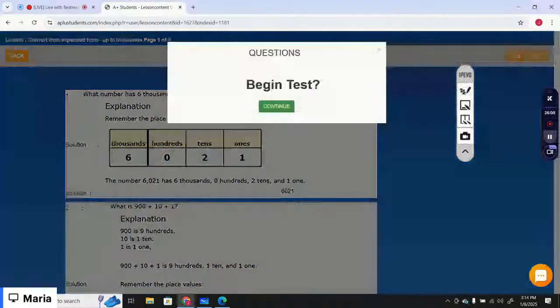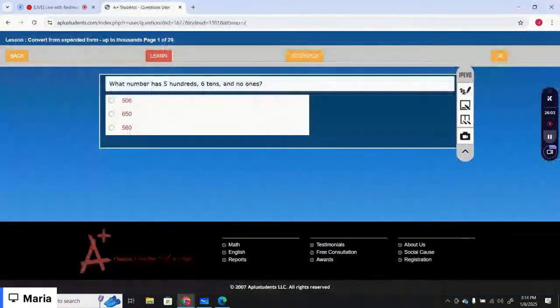Let's just start with the test questions. Which number has 500, 6 tens, and no ones? Which is the correct option?